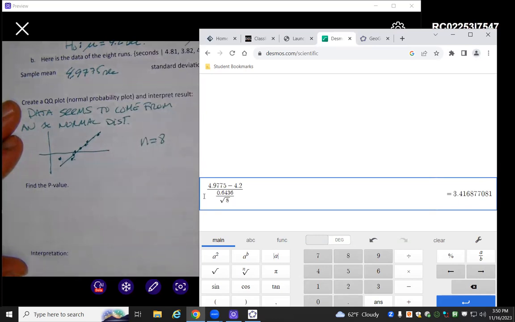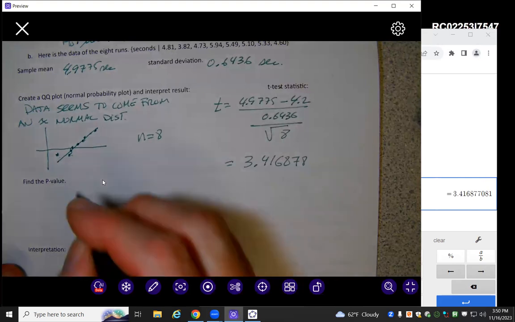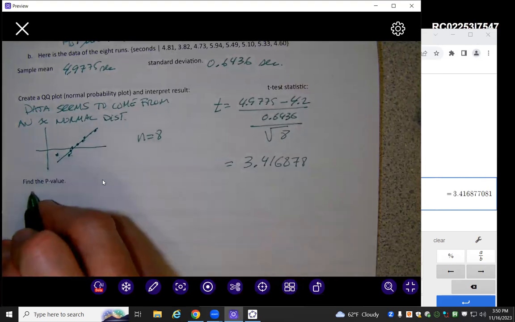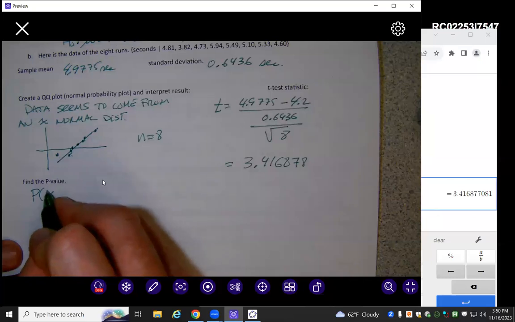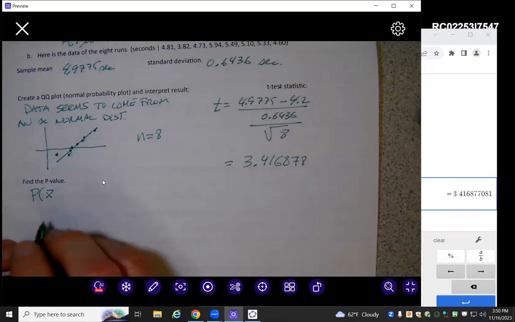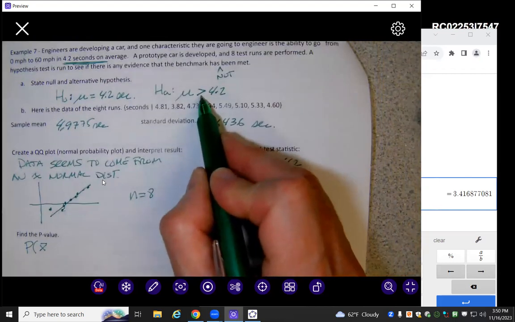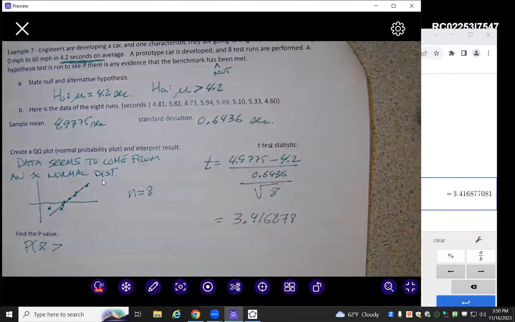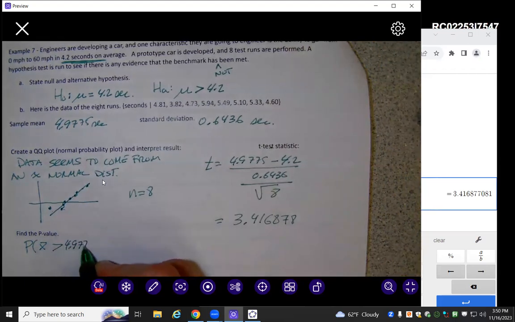All right, so what's my p-value? So let's figure this out. I'm going to write down the formality here. What am I after? I'm trying to figure out the chance that X bar, again, now I'm looking at my direction here. This is my direction, and the alternative is greater than, and what I found was 4.9775.